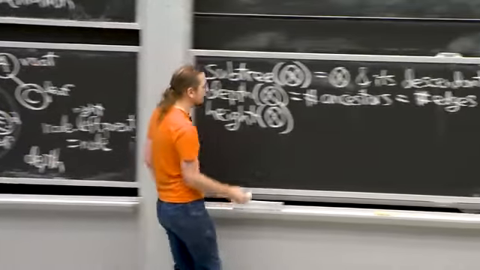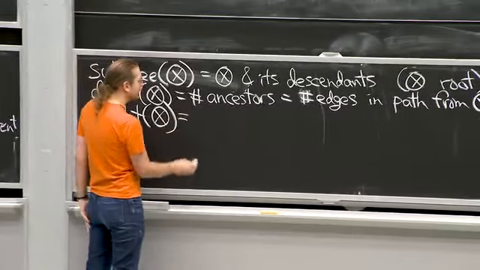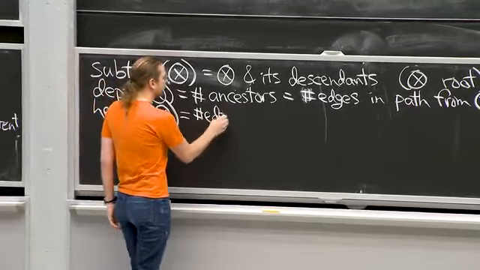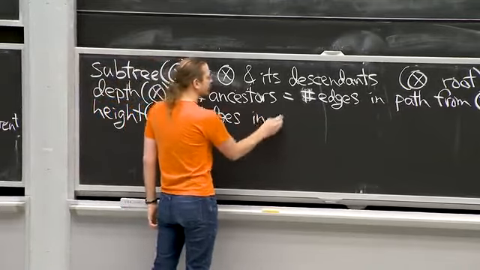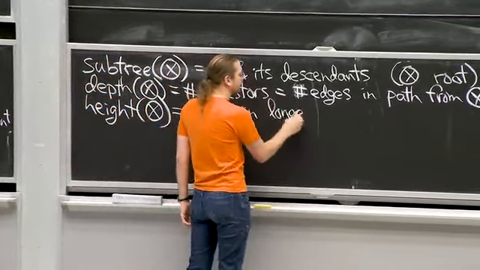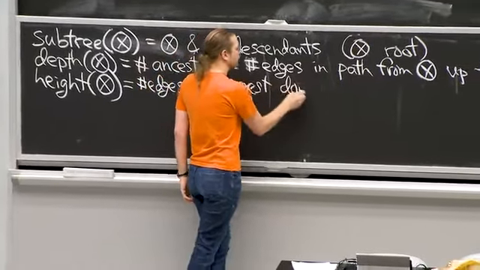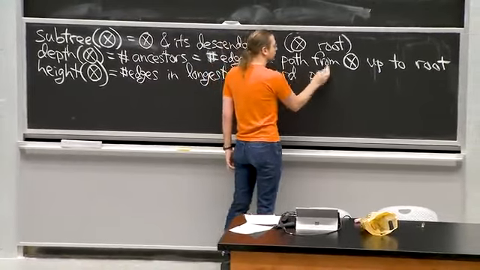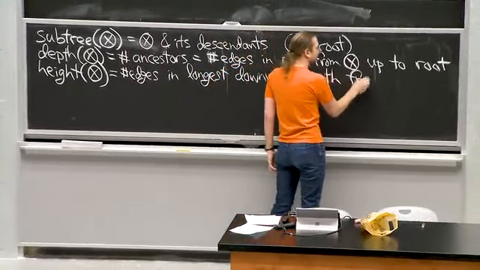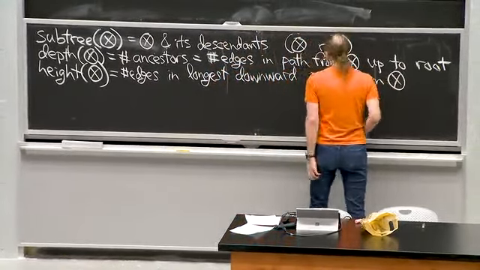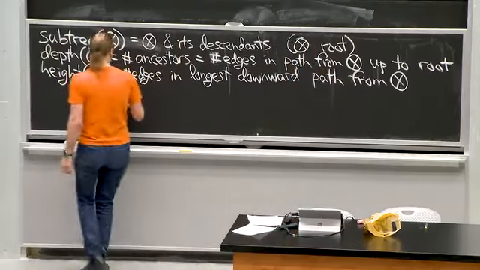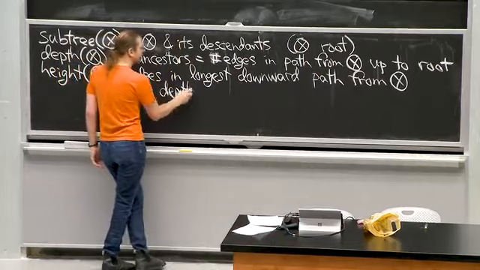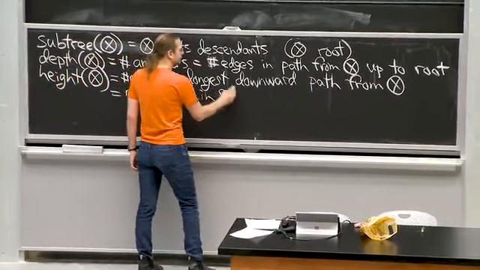So height of a node is going to be the number of edges in the longest downward path. Okay, which is the same thing as the maximum depth of a node in X's subtree.